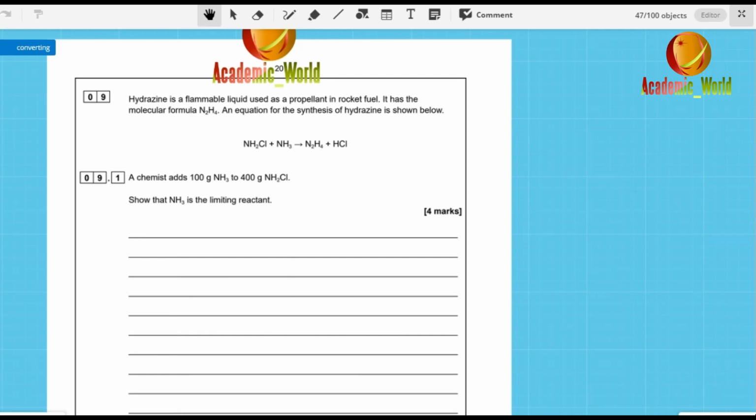Alright, so in this case you have to find the moles of each substance. First of all, take NH3: the mass is 100 grams, divided by the molar mass of NH3, that is 17, so that gives us 5.9 moles.